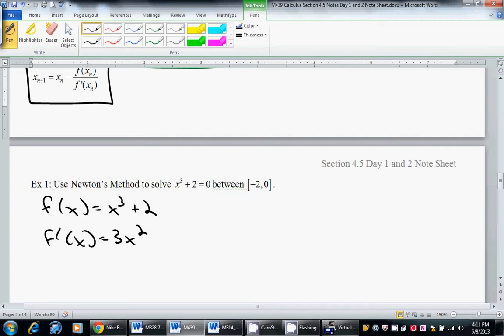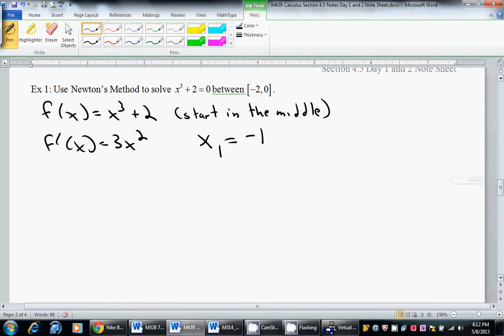One little strategy here is whenever you're given an interval, start in the middle. So I'm going to let my first guess be -1. So that's my first guess, -1.